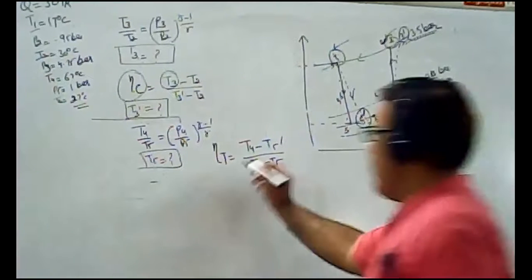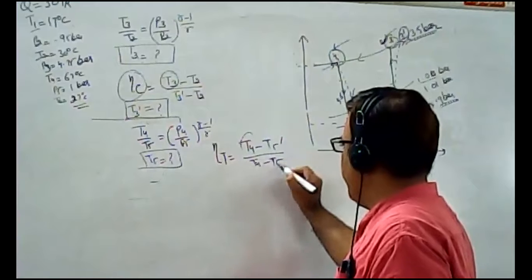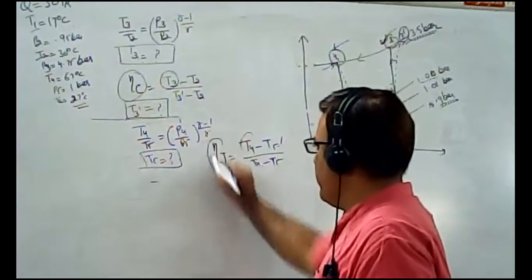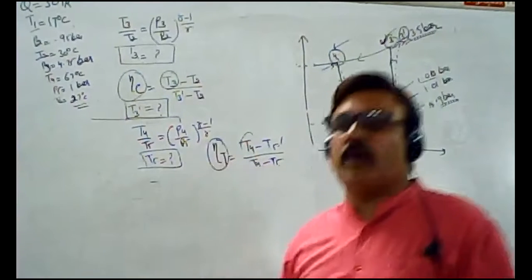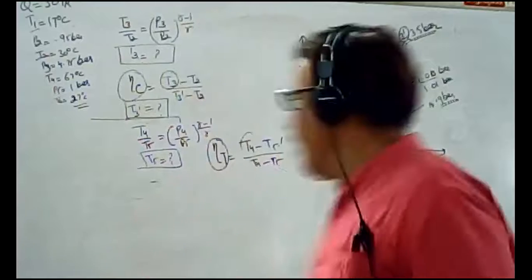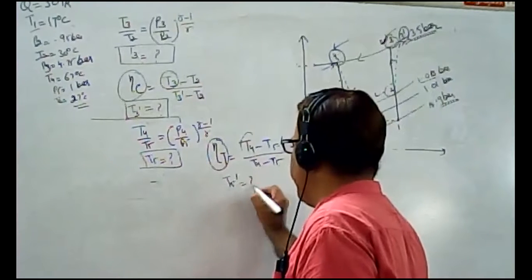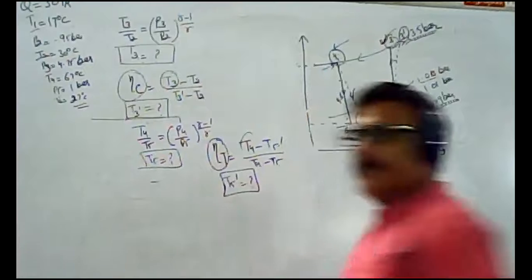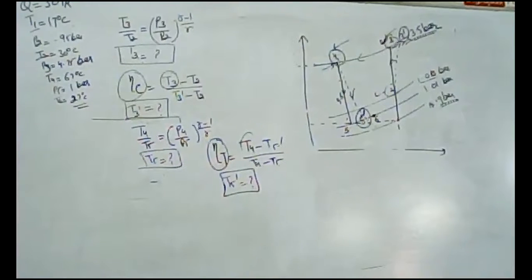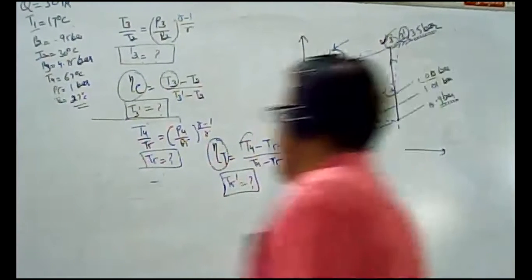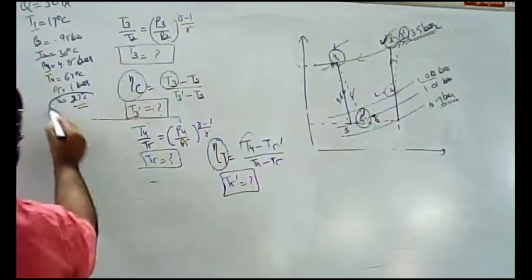By putting all these values, T5 and T4, and the efficiency of your turbine, which is already given in the statement, from here you can calculate the value of T5 dash. T6 value is already given.